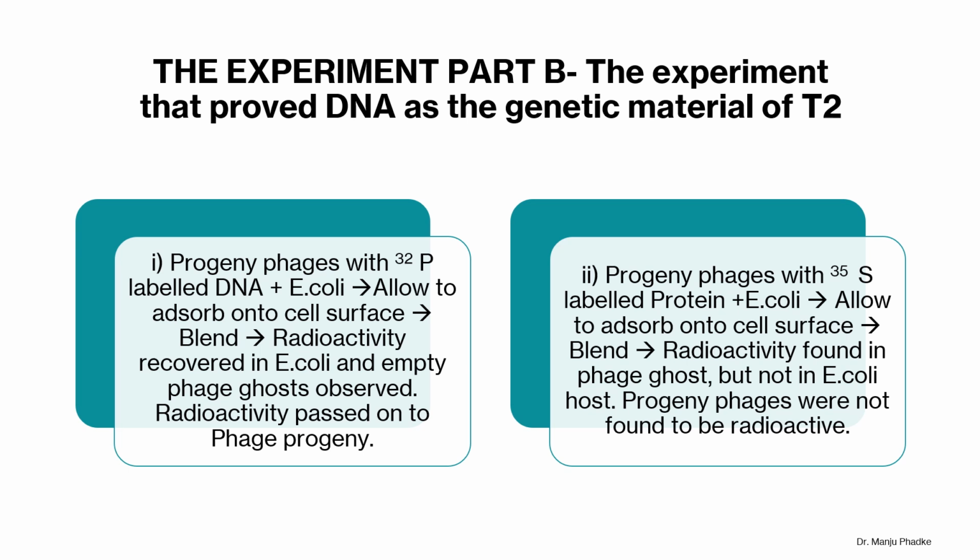Thereafter, that entire mixture was put in a blender and observed for radioactivity. It was found that the radioactivity was recovered in E. coli and empty phage hosts were observed.